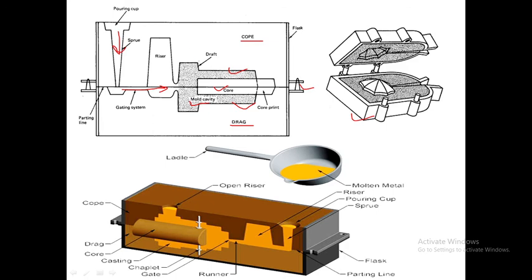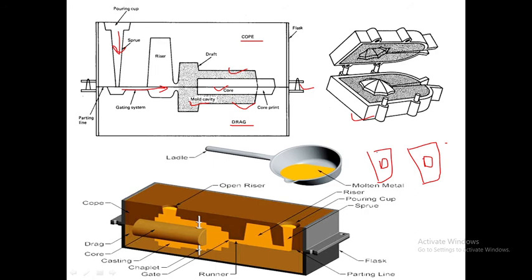As we have earlier seen in the video, first of all two boxes are there, and in those boxes the patterns are kept inside the box, which is known as a flask.